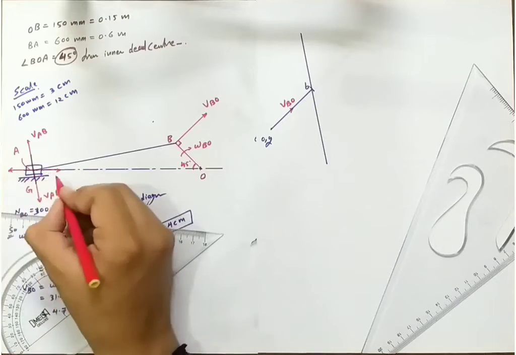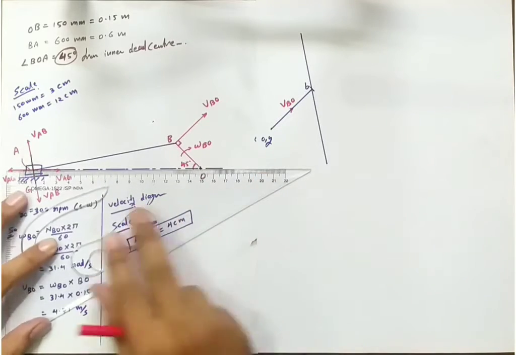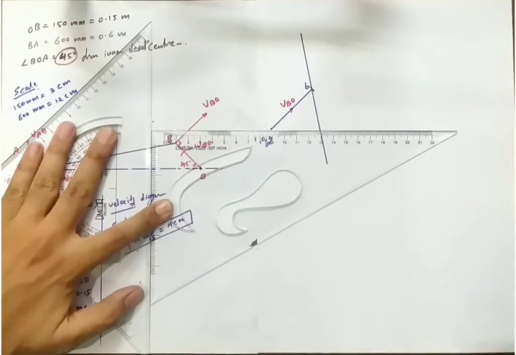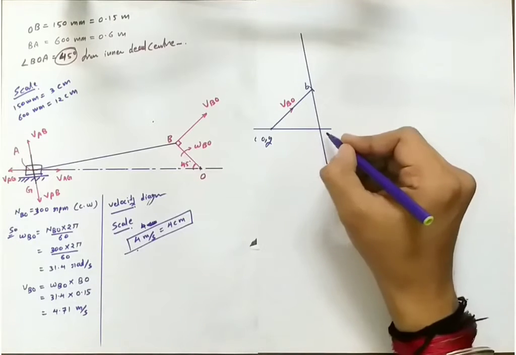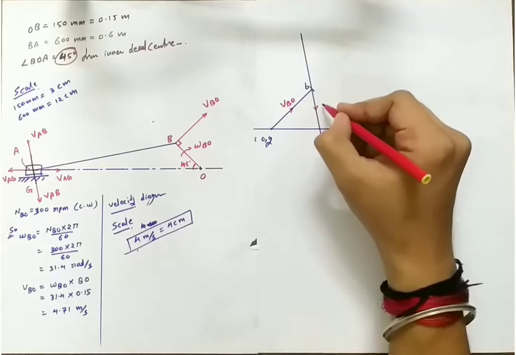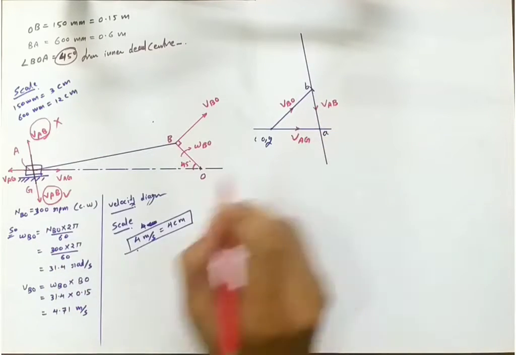So VAB and VAG, we will shift this direction to this velocity diagram. By shifting it, you can see there are two velocities, and the intersection of both velocities will be A. So that is point A, and this is VAB. So this prediction is right, this is wrong, and this is VAG, and this is right, and this is wrong.